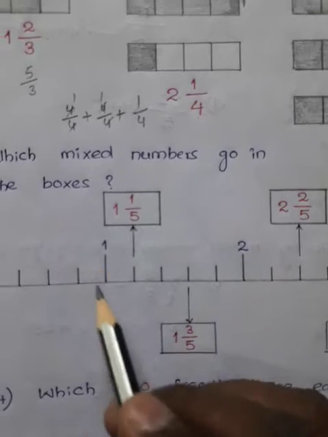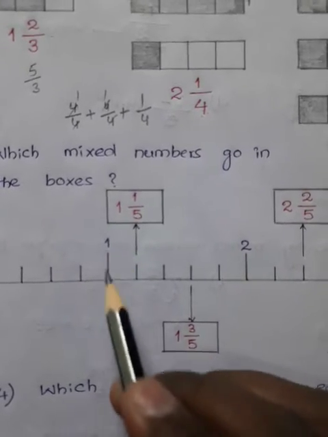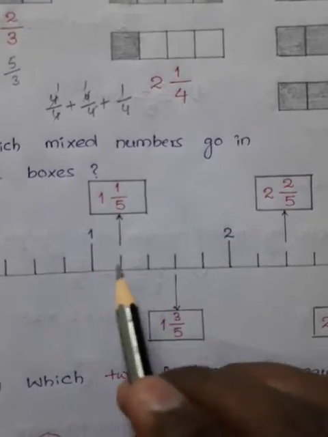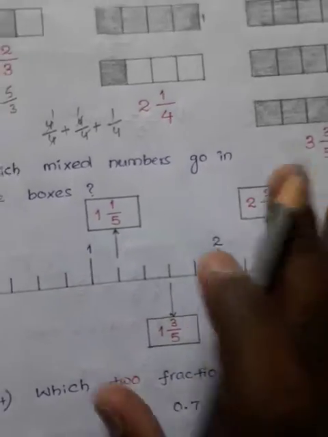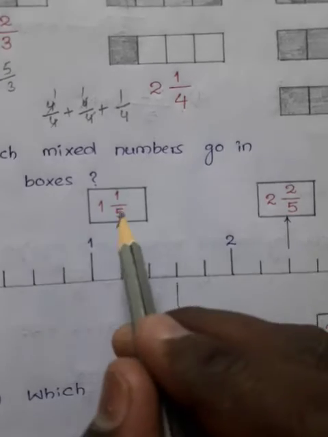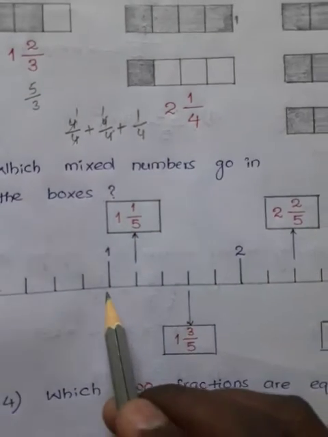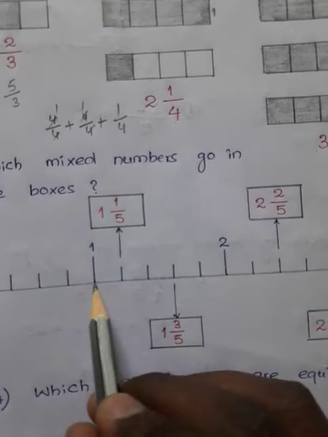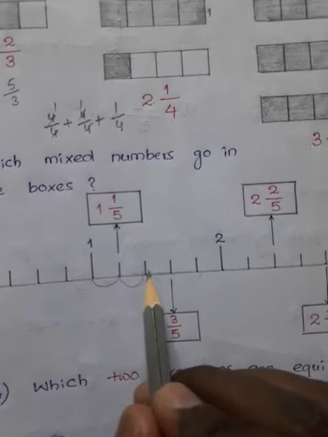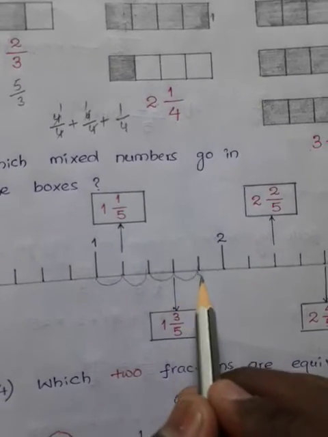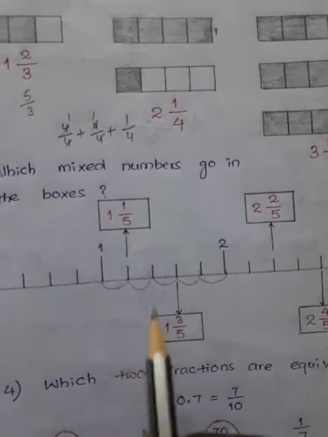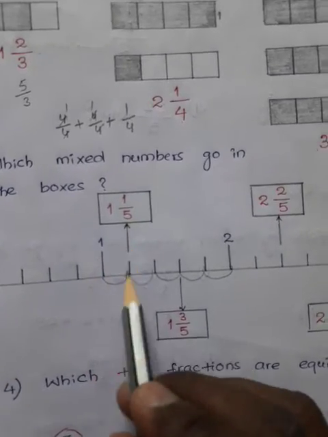Now 1 is already completed. 1 is the whole number because the arrow is between 1 and 2. It's not exactly on a number but somewhere between. So 1 is full. The total is 5, because from here to here there are 5 gaps. Check it from 1 to this number: 1, 2, 3, 4 and 5 gaps. So 5 is the denominator. Now after 1, which place is the arrow?